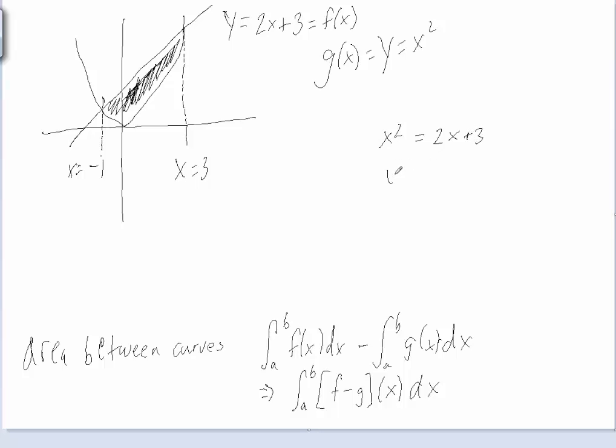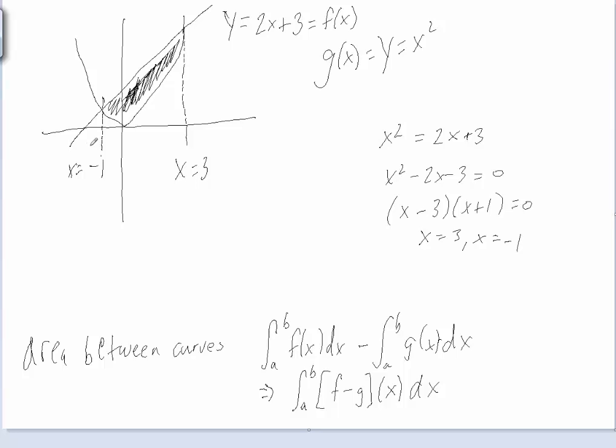What values of x are those two equal? So this factors as x minus 3, x plus 1, therefore x equals 3, x equals negative 1. That's where they intersect. So we want to find the area between those two.